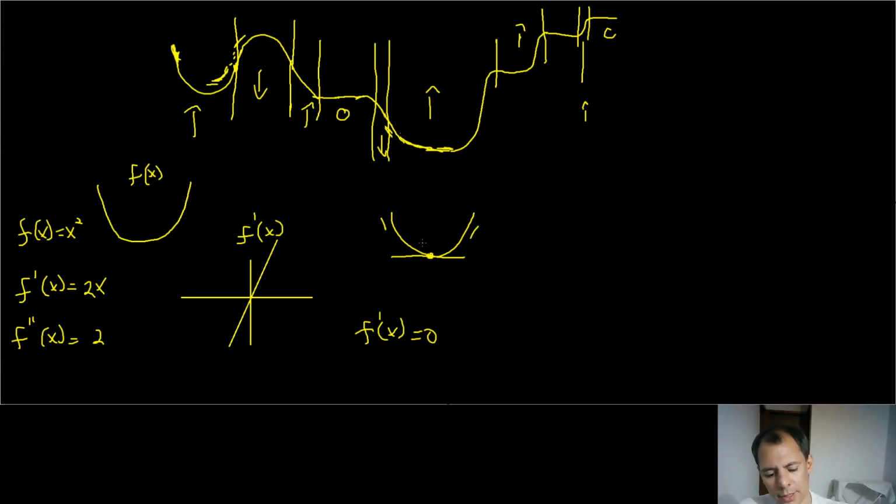Now, there's also something else that you can do. You see, the first derivative of this is 2x, okay? That means the graph is always going to be going up. The derivative here is 0, okay? Now over here, what is the value of the derivative?